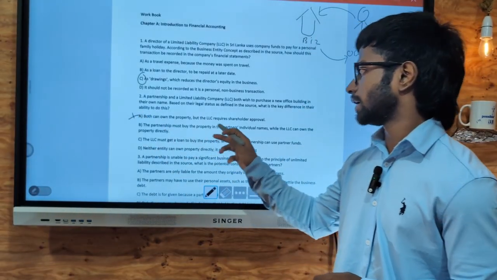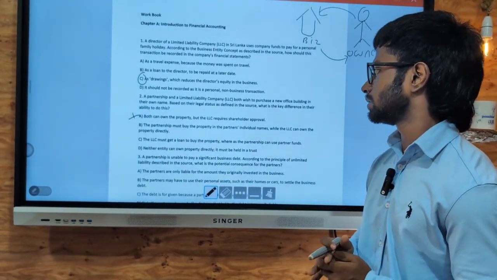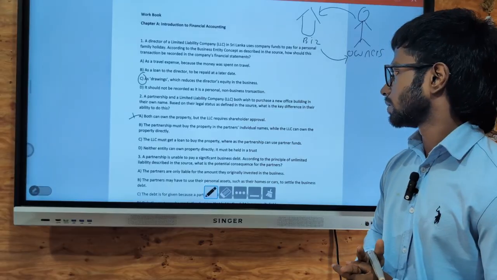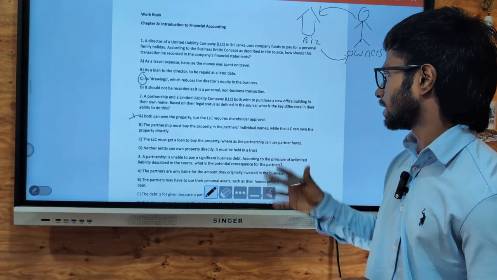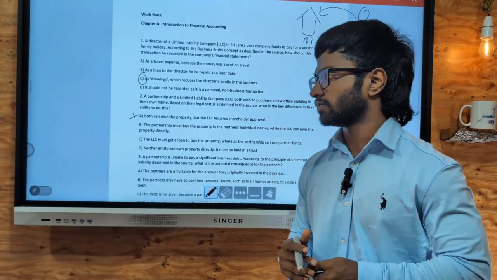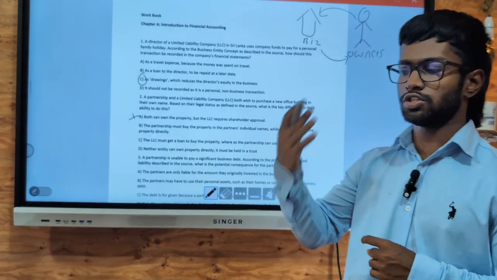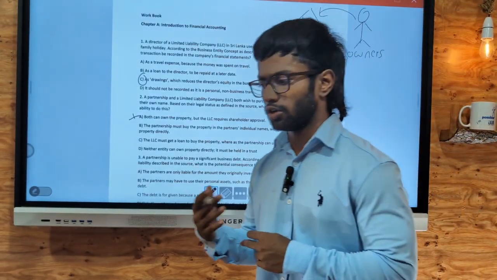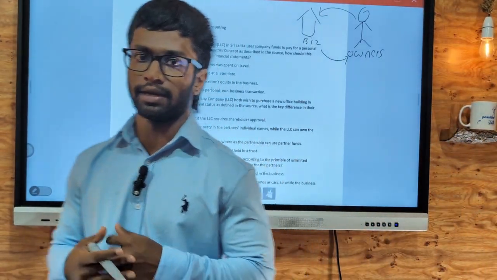B, the partnership might buy the property in their partner's individual name, while the LLC limited liability can own the property directly. So that is true, no? Partners usually, you all know, they have an unlimited liability, right?